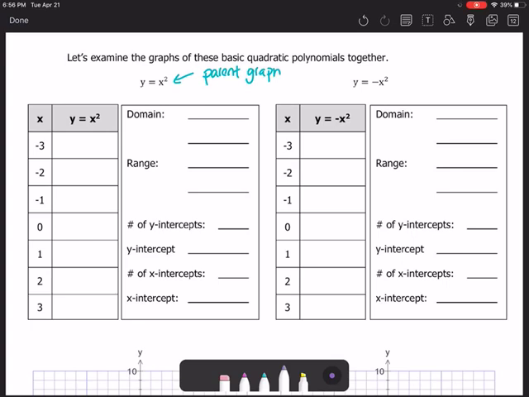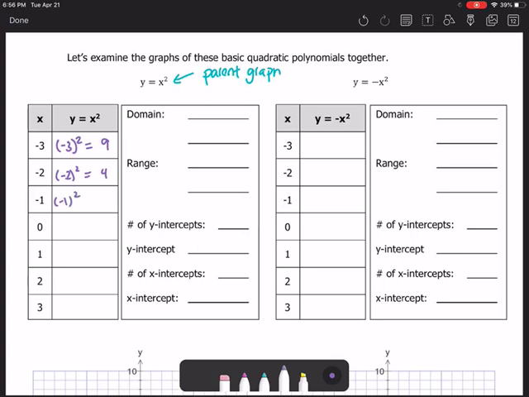So, our x values, I've already picked some out for us. We're going to talk about the x values from -3 to +3. But we need to figure out the y values. Since our y is equal to x squared, we can go ahead and figure out, well, our x here is -3. (-3) squared is +9. (-2) squared is +4.